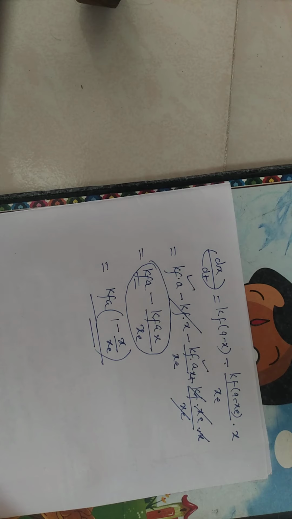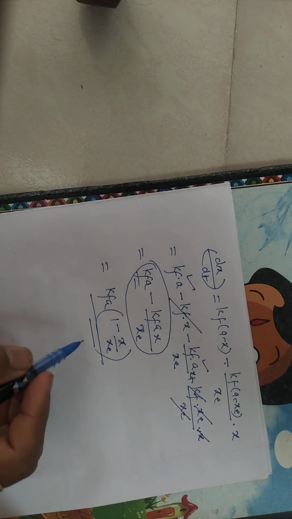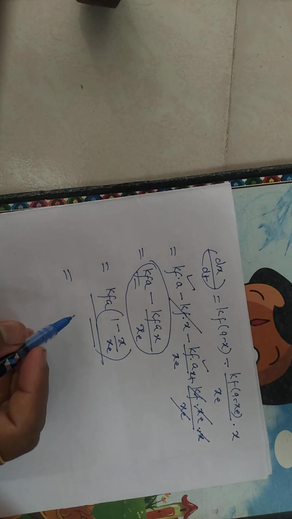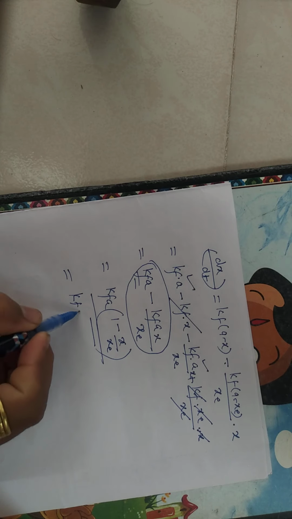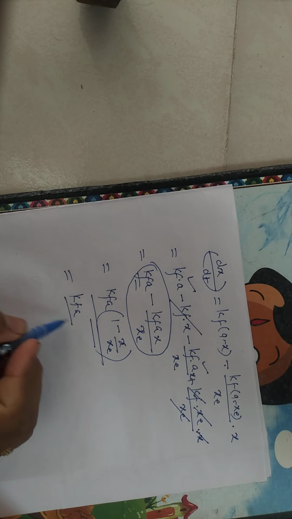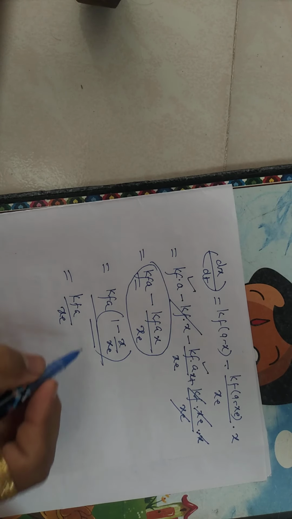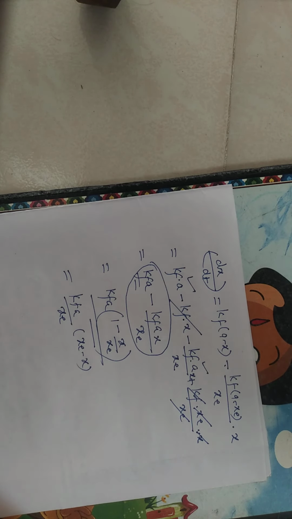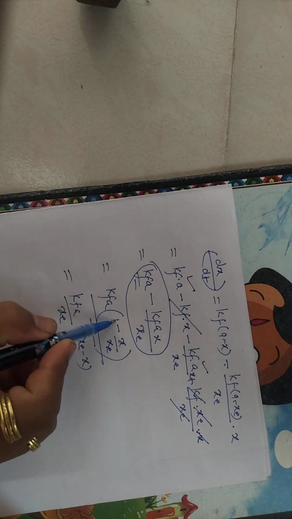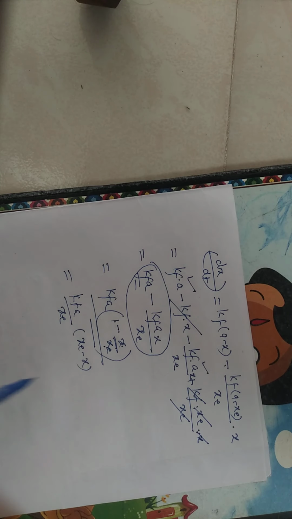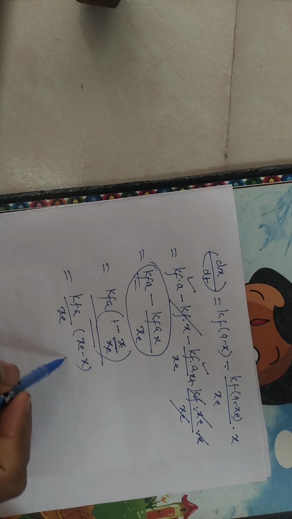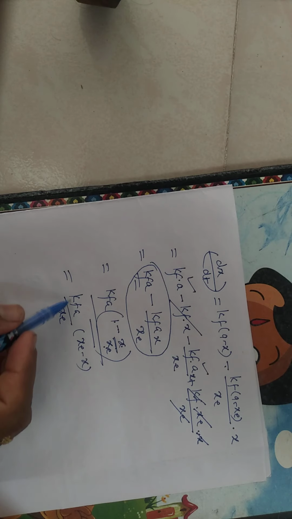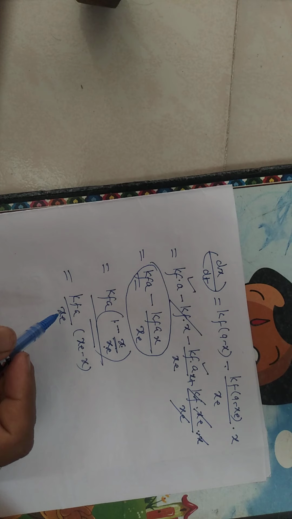After that we have to substitute here kf a upon xe into xe minus x. So this is the rearrangement when we solve: xe minus x upon xe, that is in the denominator. It will move here, kfa upon xe.